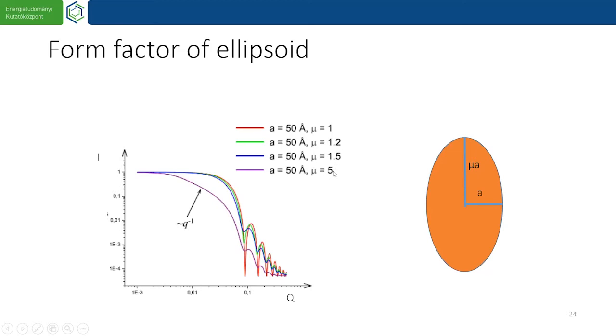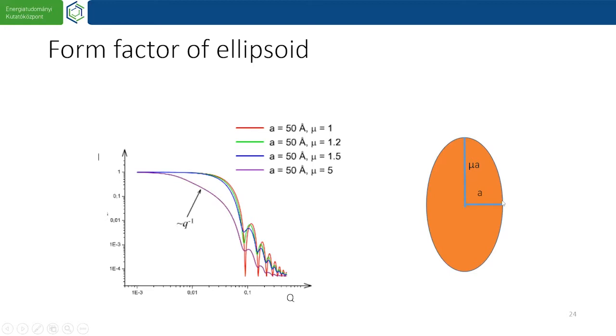but as we make the ellipsoid longer and longer, these oscillations tend to smear. It means that they tend to be not very precisely determined. So we do not have a unique size in this object, but a whole range of sizes.